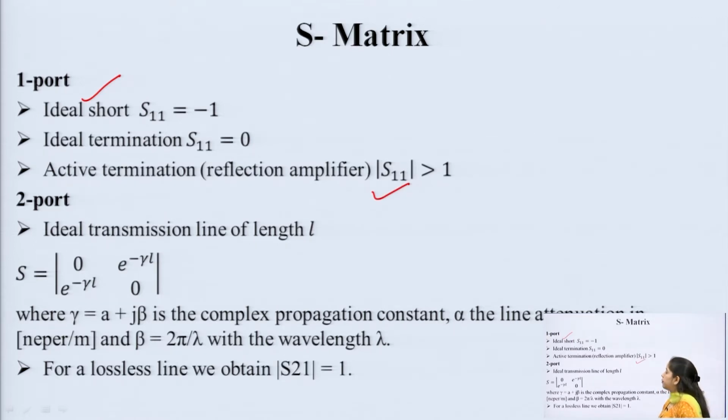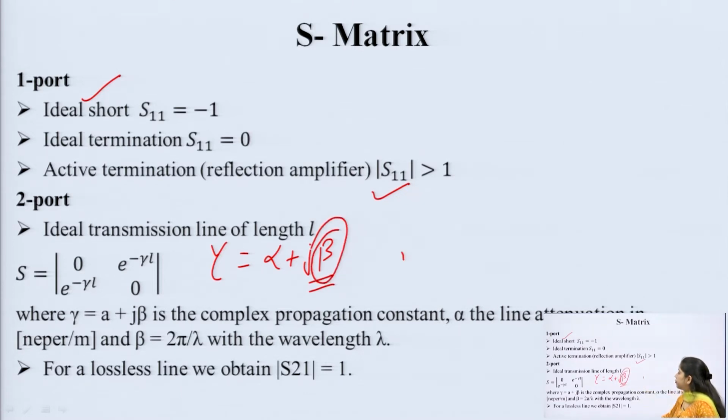For the 2 port network, for an ideal termination of length L, our matrix should be like this: 0, e to the power minus gamma L, where gamma is alpha plus j beta, the propagation constant, alpha is our attenuation constant, and beta is our phase shift, and beta is given by 2 pi by lambda.